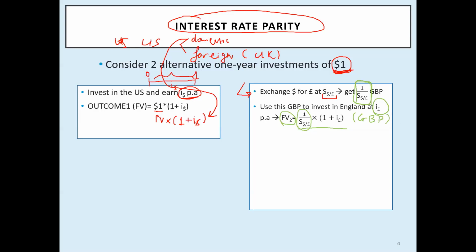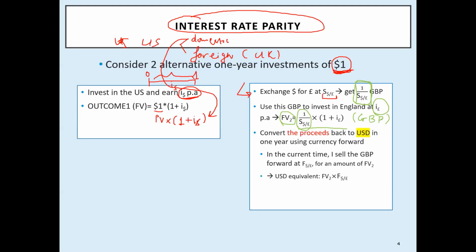Now, because I'm a US investor, I'm going to have to convert these pounds back into the USD eventually. So what I'm going to do next is convert these proceeds from the second step back into the USD using a currency forward.